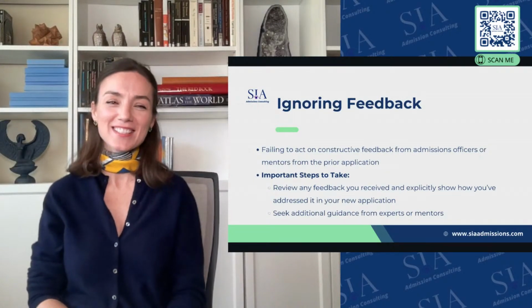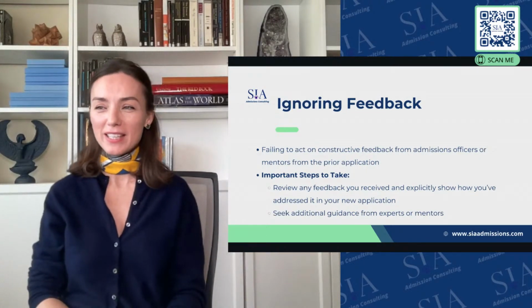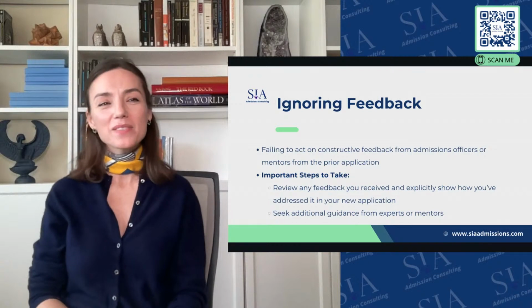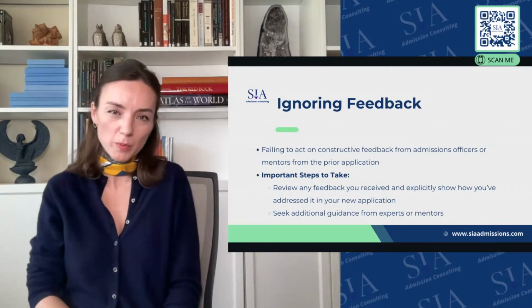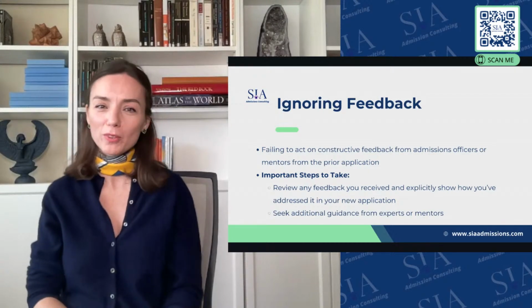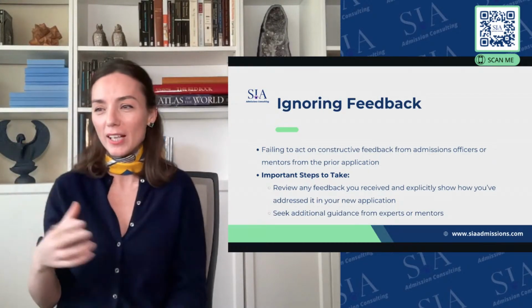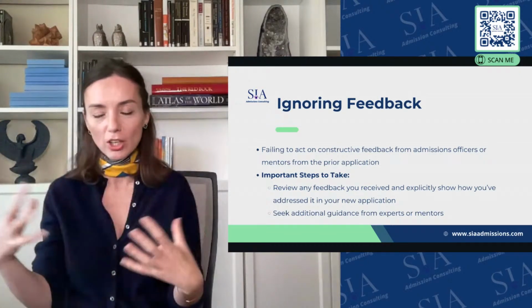The fourth mistake that reapplicants make is ignoring feedback. Sometimes I see that applicants struggle, and it's normal to struggle, right? Most people are not serial applicants, presenting themselves effectively on an external platform.